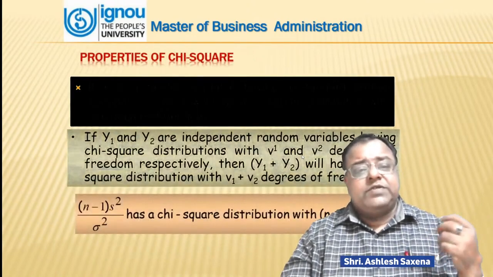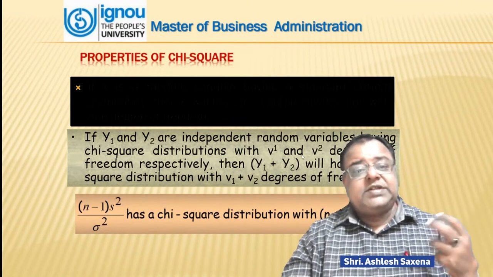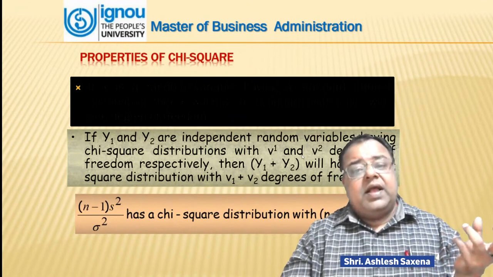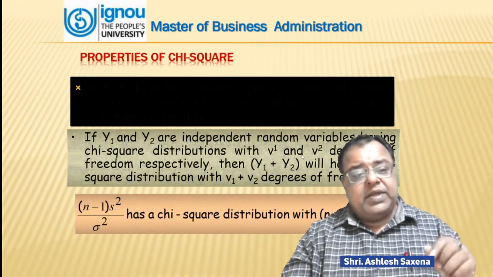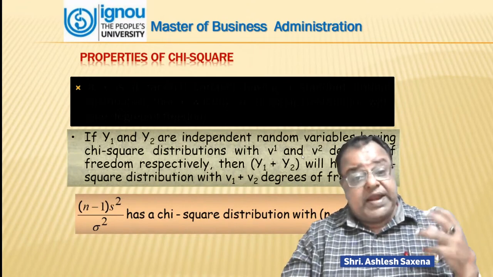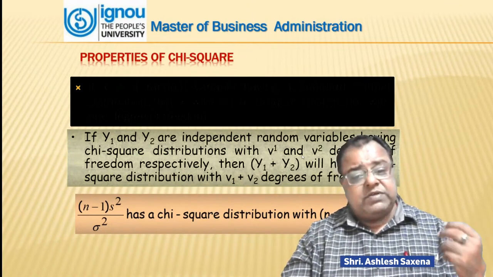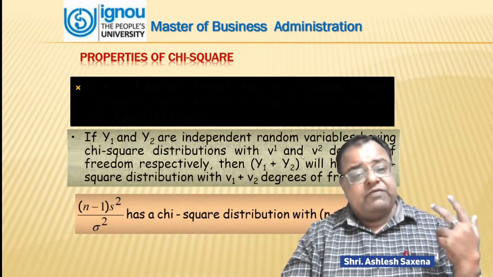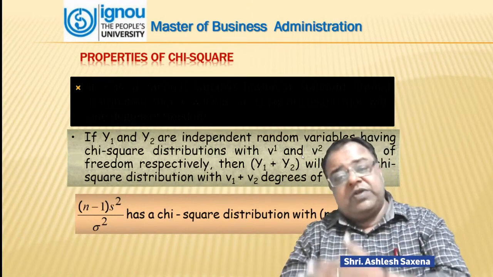What are the properties of chi-square? If x is a random variable having a standard normal distribution, then x square will have a chi-square distribution with 1 degree of freedom. If y1 and y2 are independent random variables having chi-square distribution with v1 and v2 degrees of freedom respectively, then y1 plus y2 will have a chi-square distribution with v1 plus v2 degrees of freedom.